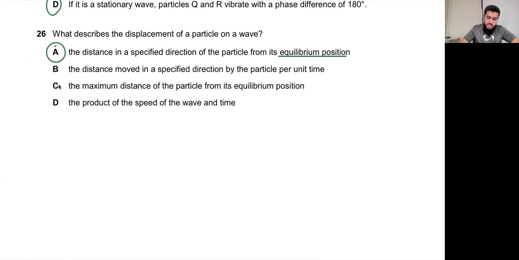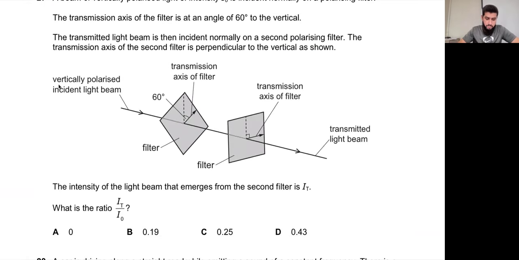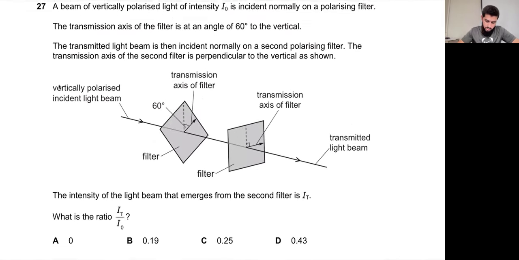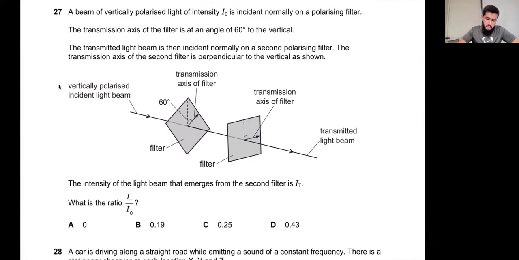The maximum distance of the particle from its equilibrium position, that is amplitude. The product of speed of the wave and time, that is not displacement. Okay. This question also looks repeated. At least it looks familiar.